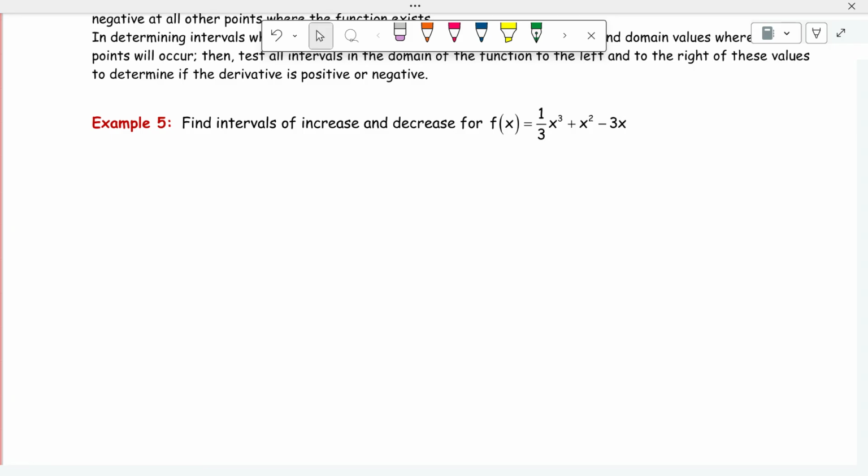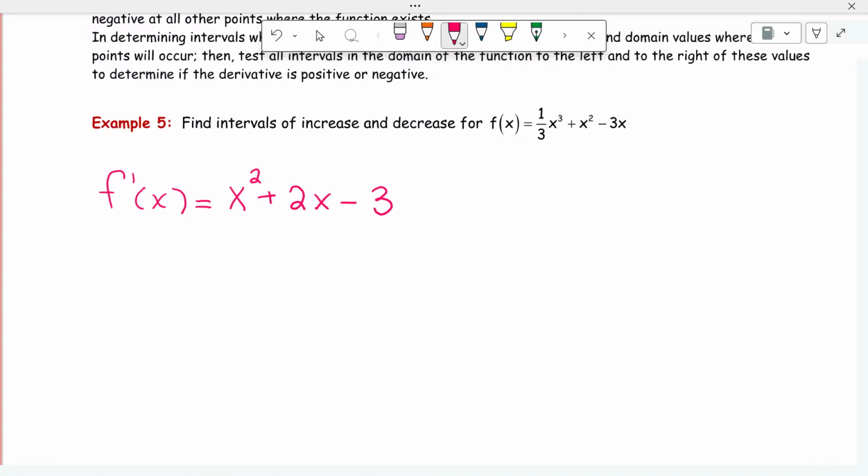So I can find those turning points by finding the first derivative, because do you guys agree the first derivative is going to be a quadratic? Yeah. So let's find my first derivative. This is your first piece of calculus that's going to help us with chapter 4 and 5. So first derivative, I'm going to bring down the 3, so 1/3 times 3 is 1, x squared plus 2x minus 3.